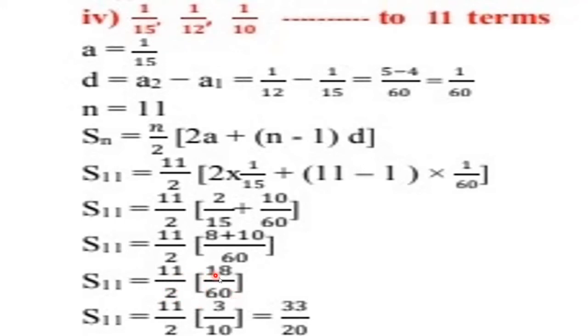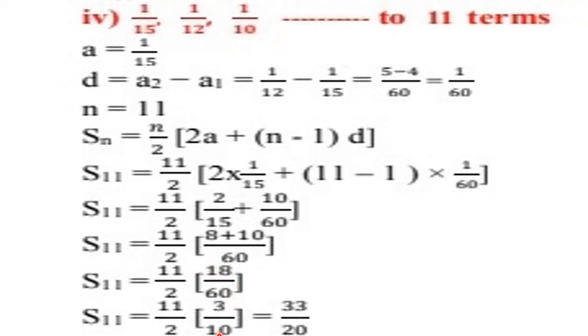See, now do you have any common factors to be cancelled in the numerator and denominator? Yes, isn't it? So here 2 is there, here 18 is there and 60 is there. All are multiples of 2, isn't it? So now I will go for the division. Here I will divide: 6 tens are 60, 6 threes are 18.